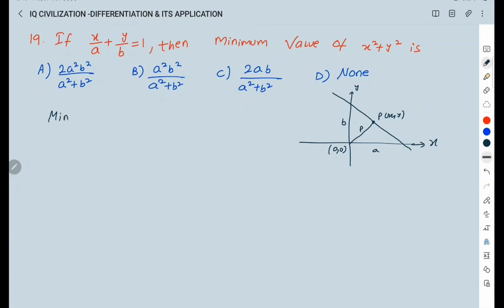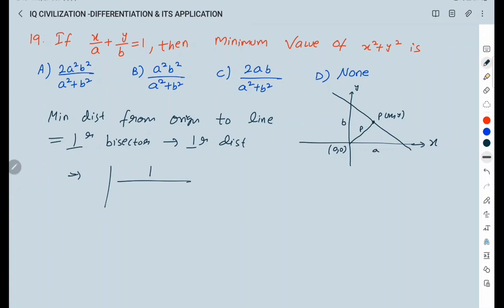So the minimum distance from the origin to the line is nothing but the perpendicular distance. We know the perpendicular distance formula: mod c by root over a square plus b square, for ax plus by equal to c.